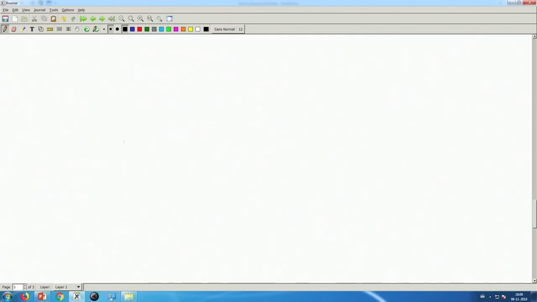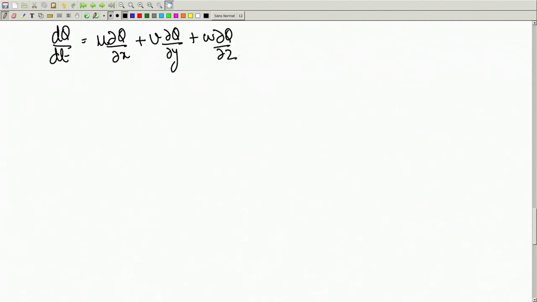So, we are going to the next page. So, finally, we can write Dq Dt is given by, because dx dt becomes u, u del q del x plus v del q del y plus w del q del z plus del q del t.